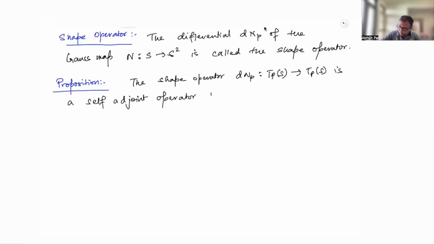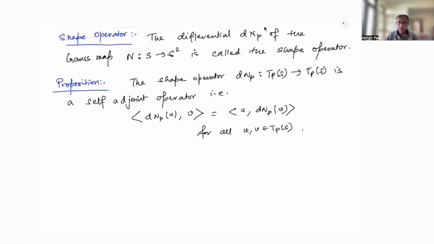That is, the inner product of dNP W1 with W2 is equal to the inner product of W1 with dNP W2, for all tangent vectors W1, W2 belonging to TPS.